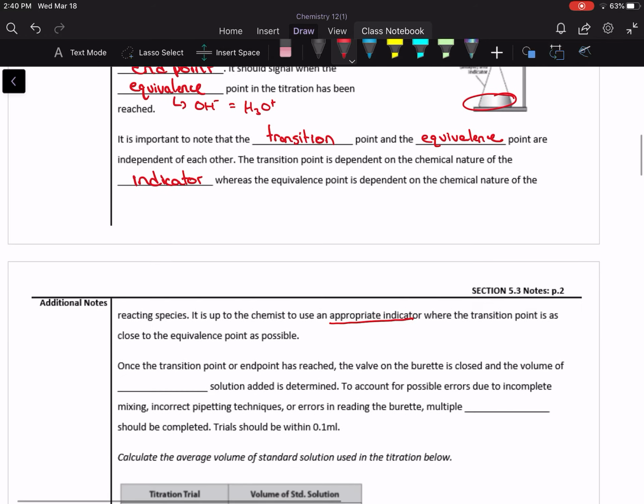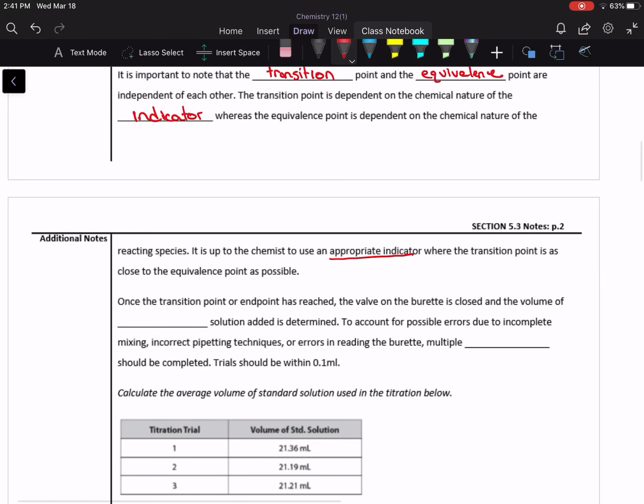So once the transition point or endpoint has been reached, we're going to close the valve on the burette, and we're going to measure the volume of the titrant that we added to the solution. To account for errors such as incomplete mixing in our flasks, incorrect pipetting techniques, or errors in reading the burette, we're going to perform multiple trials.